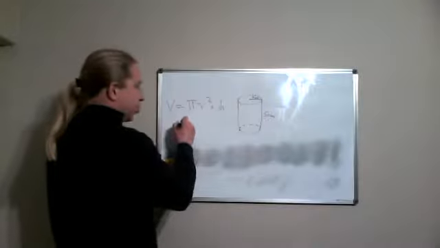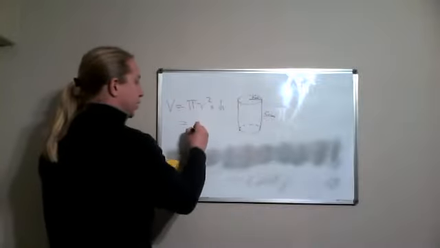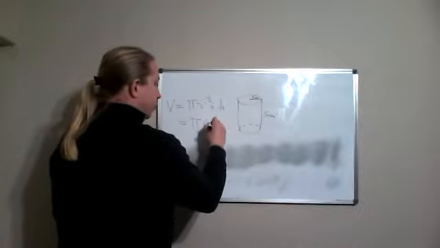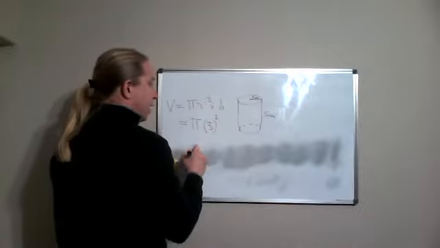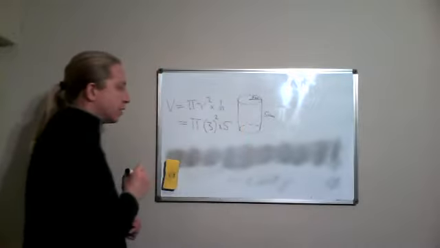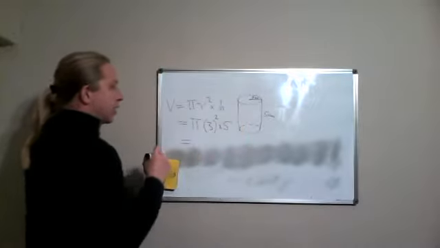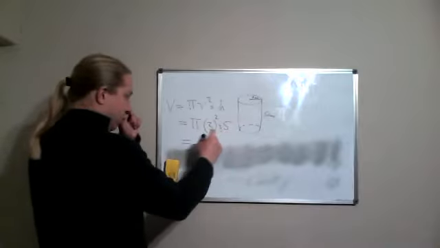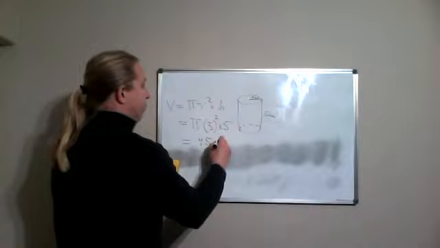Your step number two, you're substituting values in. So this is pi. Radius of the circle is 3 centimeters, put it into brackets, squared, multiplied by height, which is 5 centimeters. Okay, and that will give us an answer of 3 times 3 is 9. 9 times 5 is 45. So this will be 45 pi.